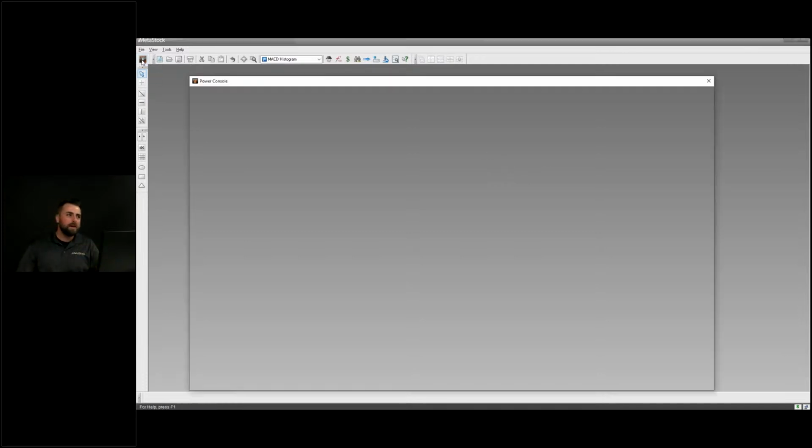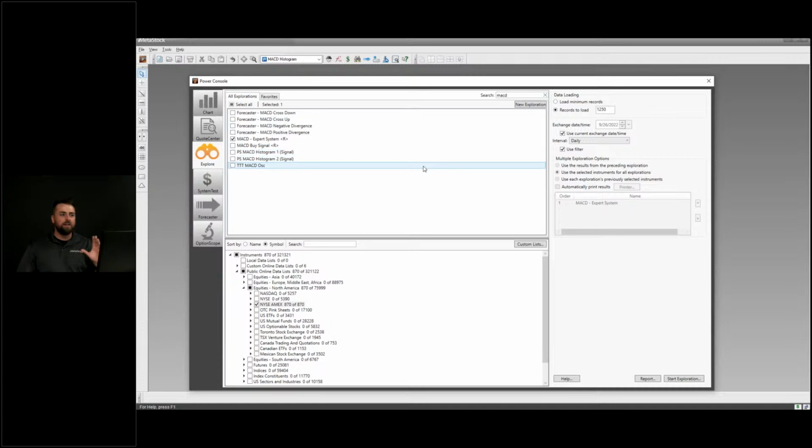So maybe the new question you have is, I like the MACD, but I only want to trade it on securities that I know it performs really well on. And even if my list of results is smaller than those 7 results we had, I don't want to have to go into every single one of those and look at all of them if they haven't been performing well on the MACD.